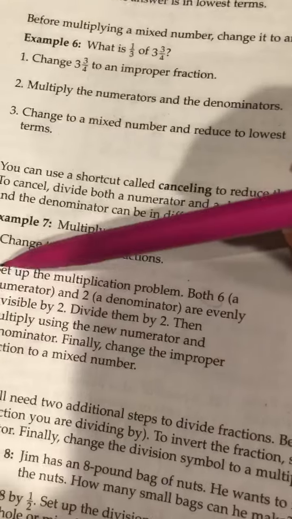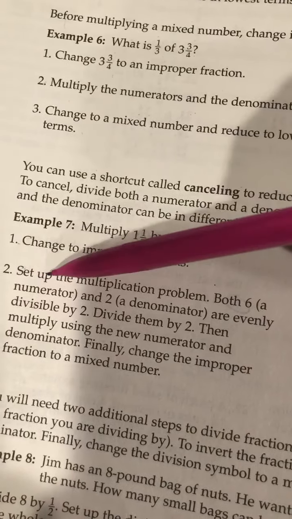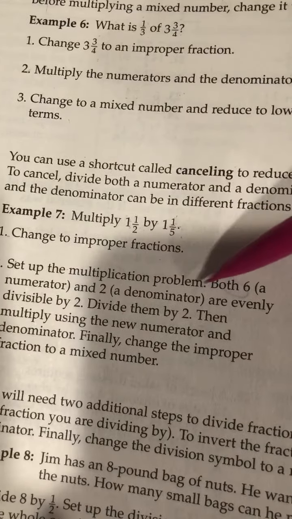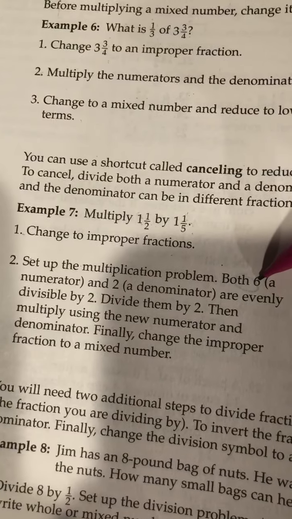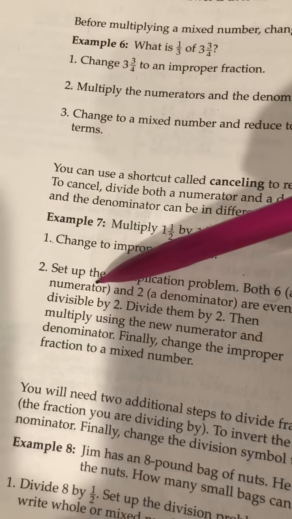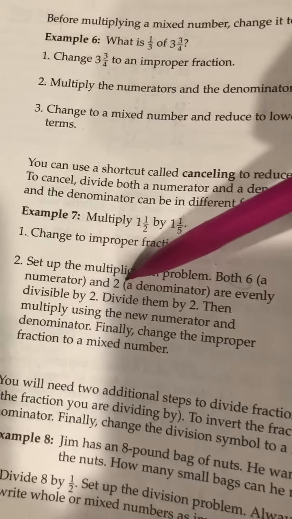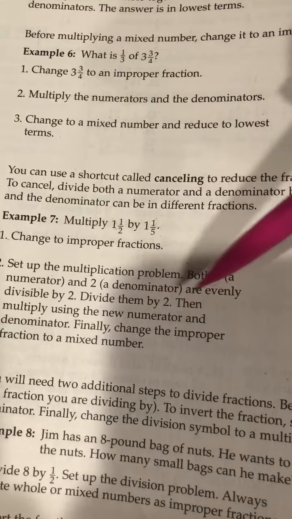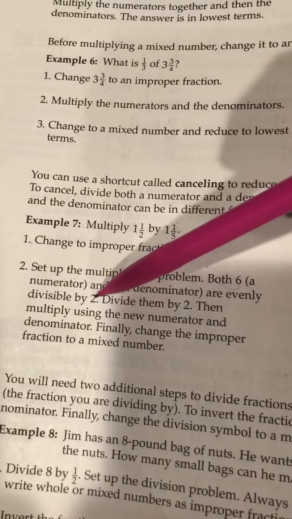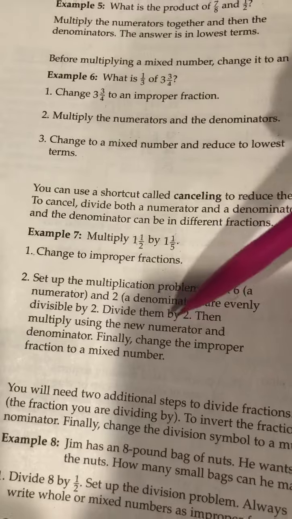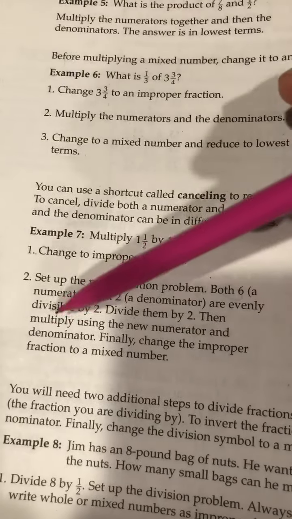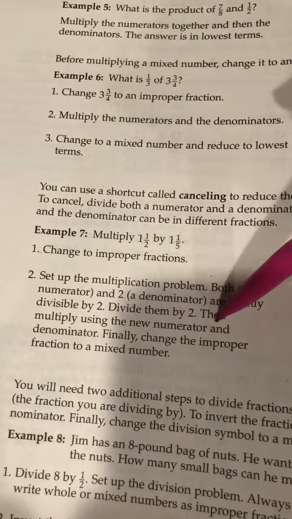Now, step 2 says set up the multiplication problem. Both 6, a numerator, and 2, a denominator, are evenly divisible by 2. Divide them by 2. Then multiply using the new numerator and denominator.